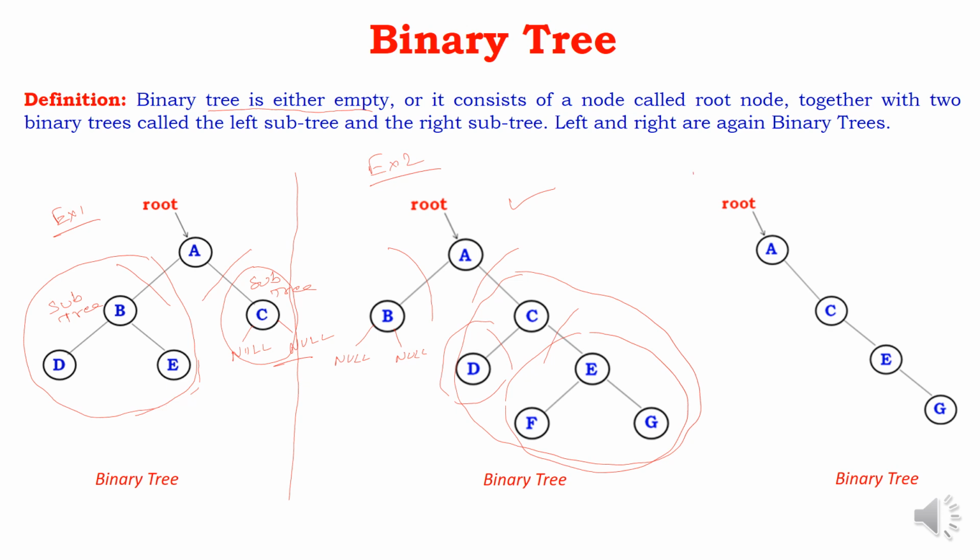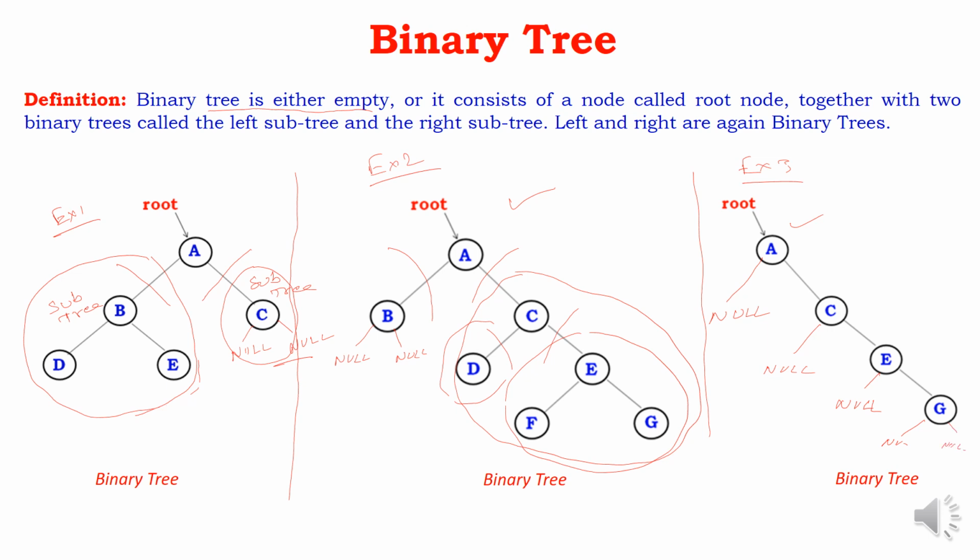Example 3. Here A is the root node, A has a left subtree and a right subtree, but left is null. There are no nodes. Here C, there are no nodes on the left side. E, there are no nodes on the left side. E, G, there are no nodes on left and right also.